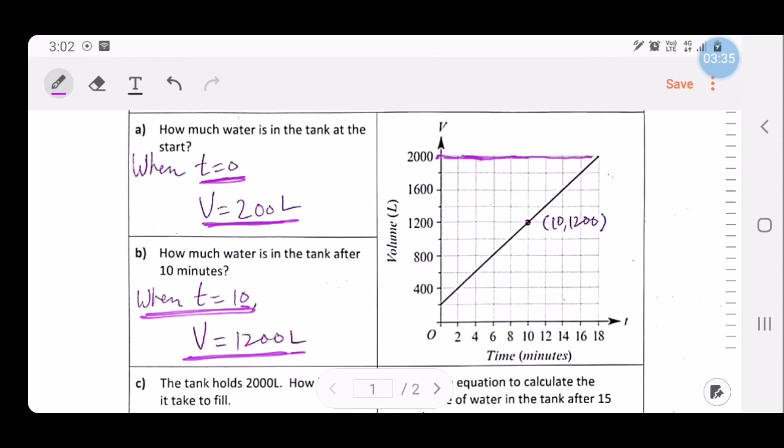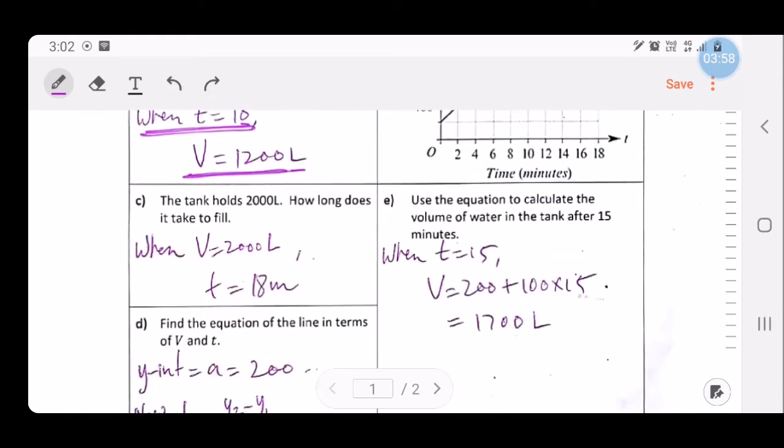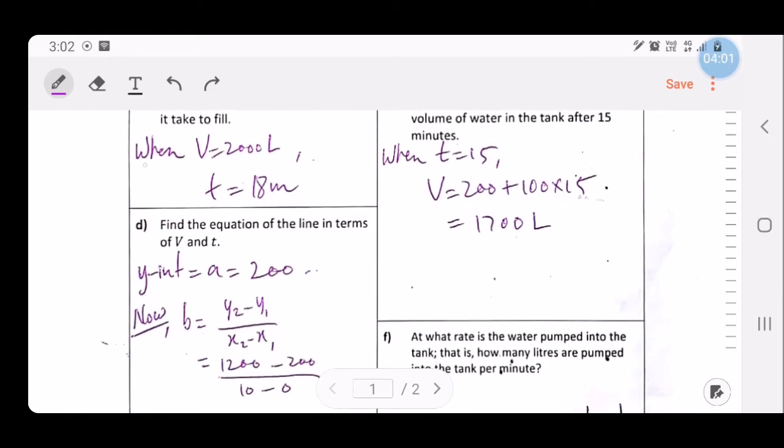A horizontal line from V equals 2,000 across until I intersect my graph. And then I draw another line down until I intersect the horizontal axis, where I can see that the corresponding t value is 18 minutes. So when V equals 2,000 litres, t equals 18 minutes. Straightforward.